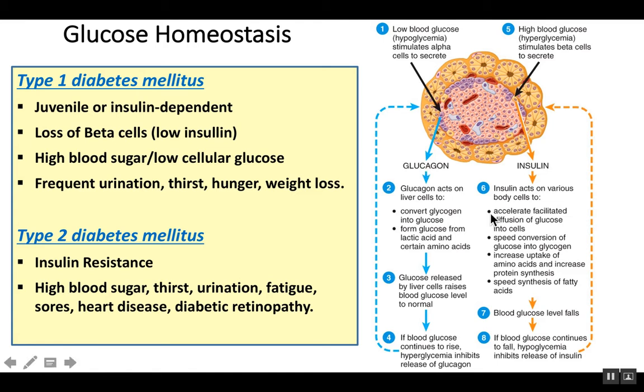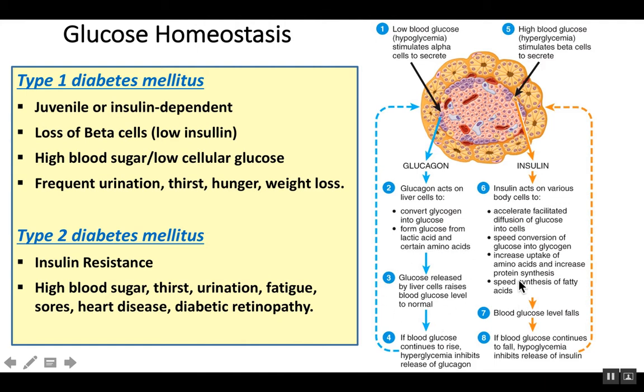The target being liver cells. The action at the liver is to convert glycogen into glucose or form glucose from other things like lactic acid and amino acids. Ultimately, the liver produces glucose and releases glucose into the bloodstream to raise blood sugar.